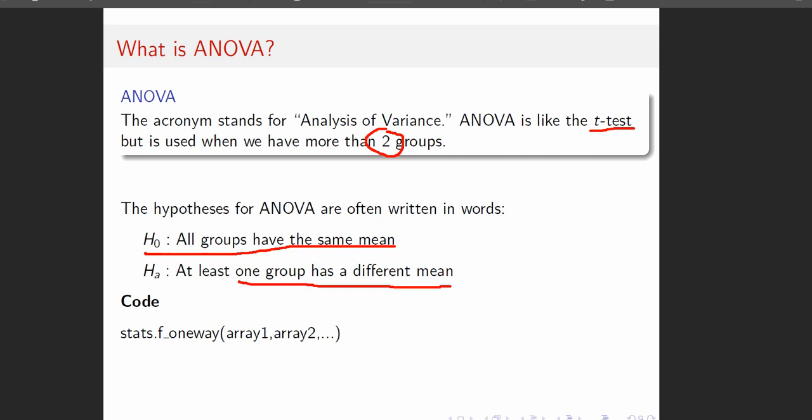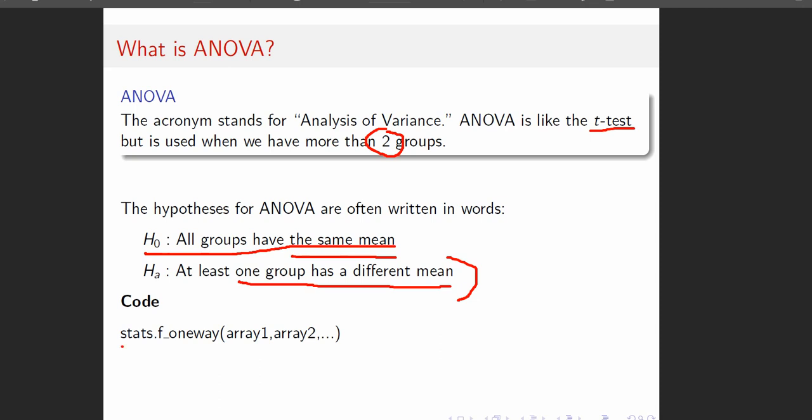The opposite, if you don't have four girls, then you have at least one boy, okay? So the opposite of all groups having the same mean, the alternative hypothesis is at least one group has a different mean. And we have to do a little bit of hunting and searching after the fact to find out exactly what differences are there.